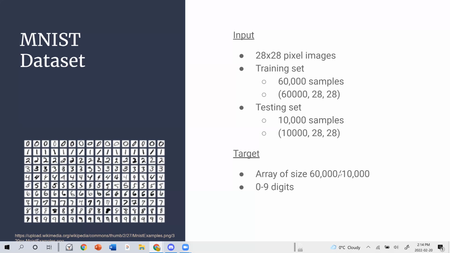That's why the size is like this. The target or label would be 0 to 9, representing what each image is showing. So that's the data that we'll be using.